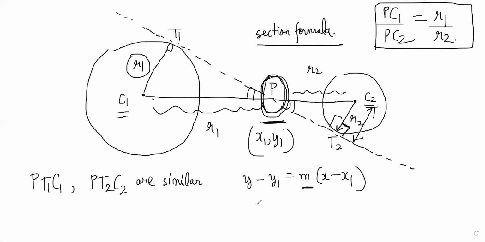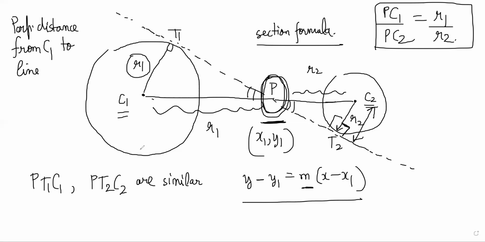In order to find m, what should happen is the perpendicular distance from C1 to this line, line L, is equal to R1, right? R1 we know, C1 we know, so we can put C1 into this and get an equation which will help us find m, right?